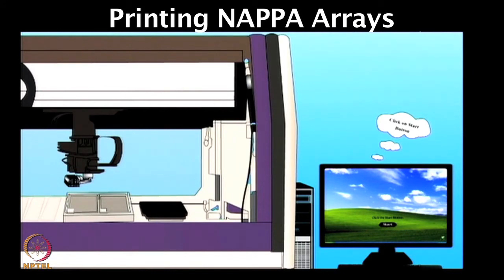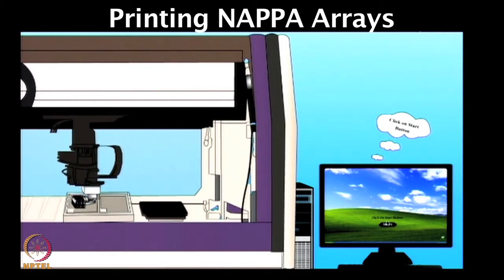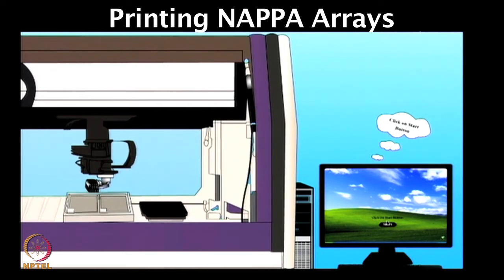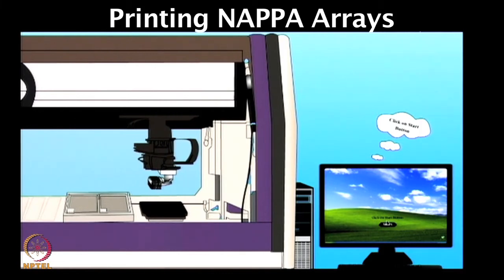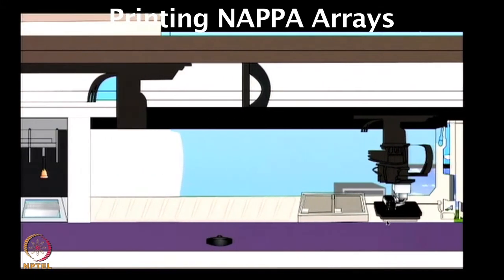So, we can use these microarrayers to print the DNA and the master mix on aminosilane coated glass slides. First, you need to ensure that pins are washed thoroughly. You can wash with ethanol and water, and during the entire printing procedure, we need to ensure that humidity is maintained at 45 to 60 percent.